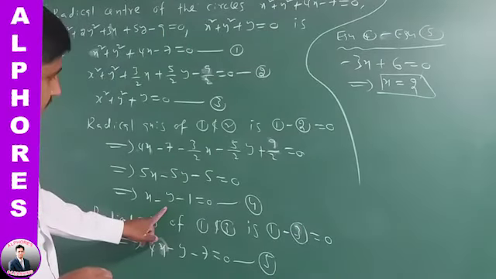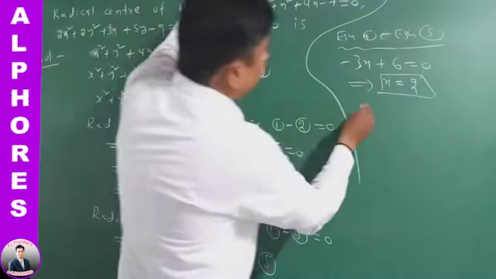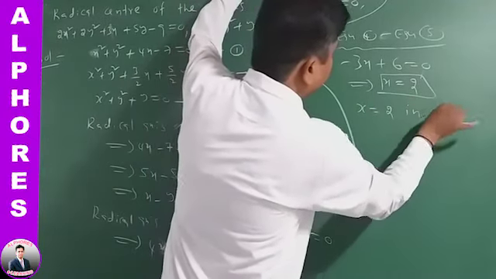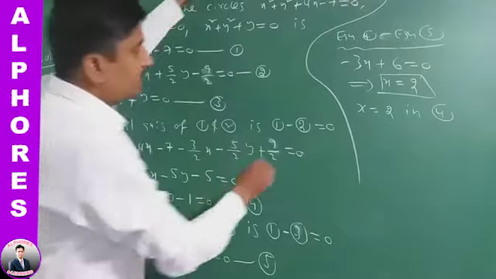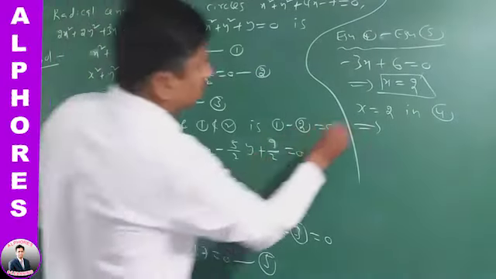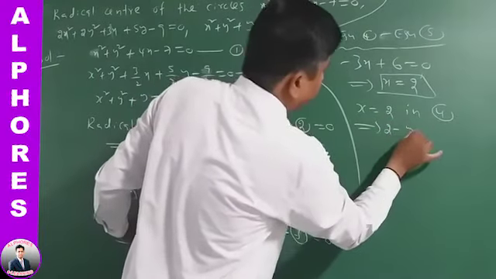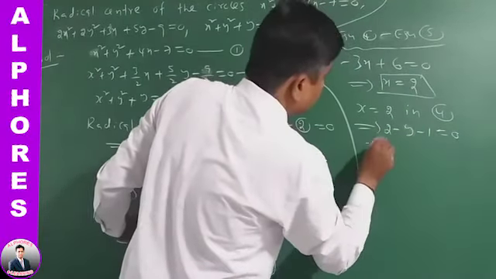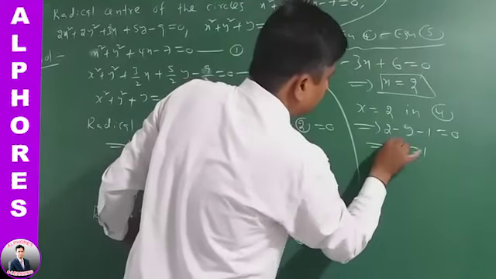After getting x equal to 2, now the y value. Substituting x equal to 2 in equation number 4, we get 2 minus y minus 1 equal to 0, which implies y equal to 1.